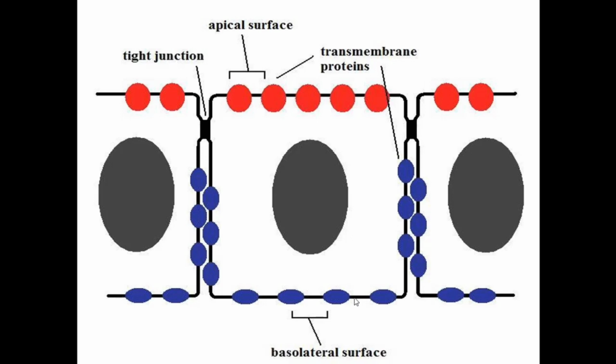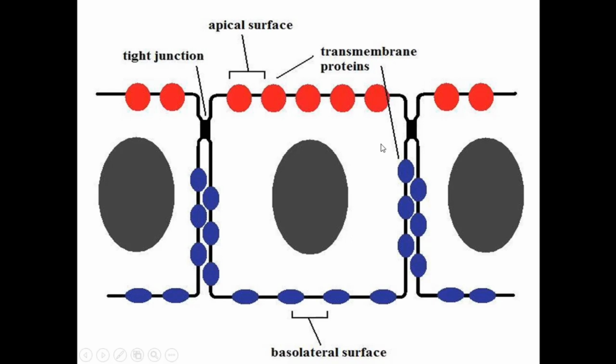It means the cell membrane components like lipids and proteins can move within the cell membranes, but tight junctions restrict this movement. You can see the red protein here cannot move to the lateral and basal domains, and the tight junction restricts this movement. And also the lateral and basal proteins cannot move to the apical part.